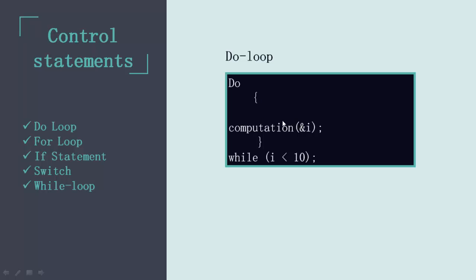Then you close the block with the closing braces, and at last you write the while condition. Until this condition is violated, this will continue. So this is how we can work with do while. Let's take an example using do while.